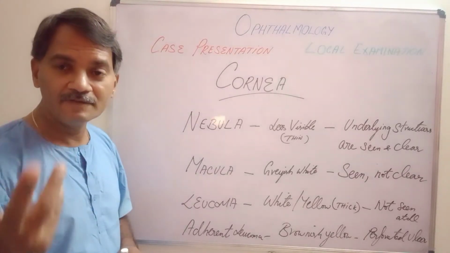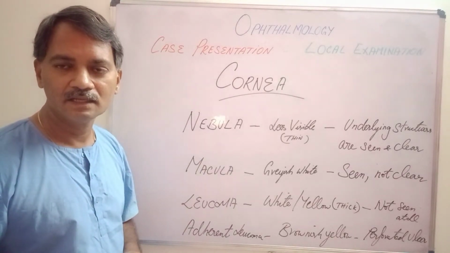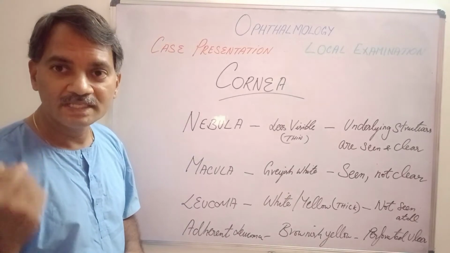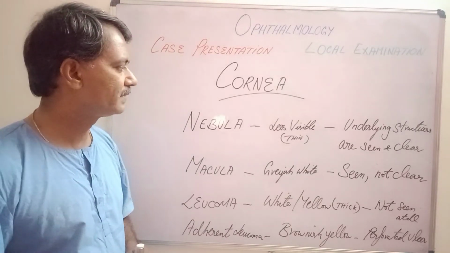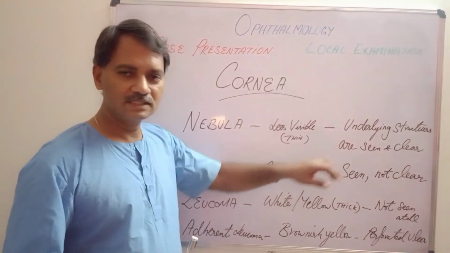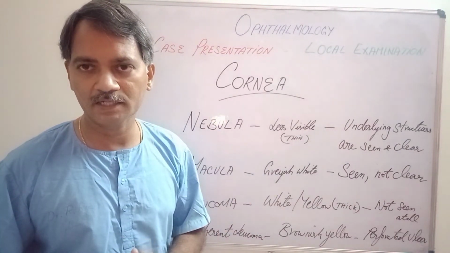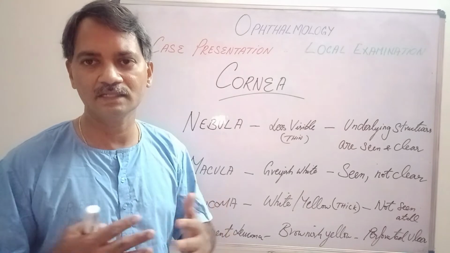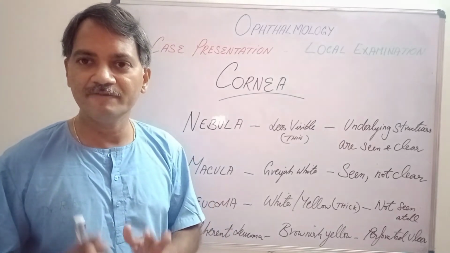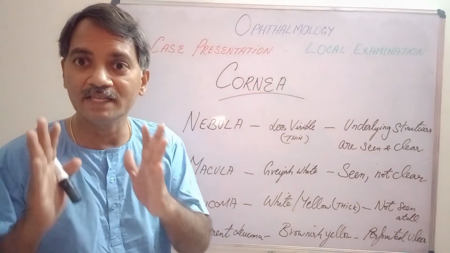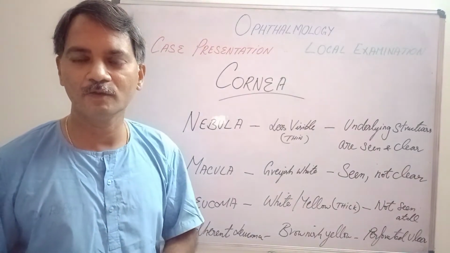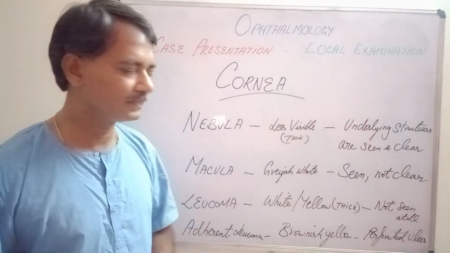It is barely visible to our naked eyes. It has to be seen with some difficulty. The underlying structures, when you see through that nebular corneal opacity, that is the iris and the lens, will be visible and very, very clear. You can see the details of them.